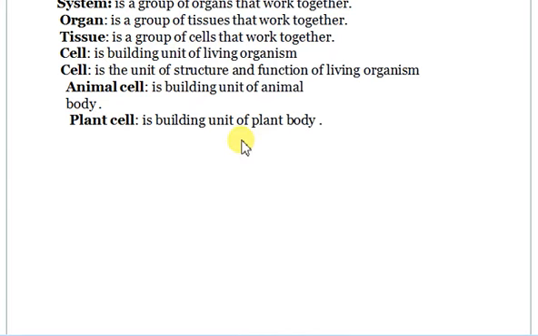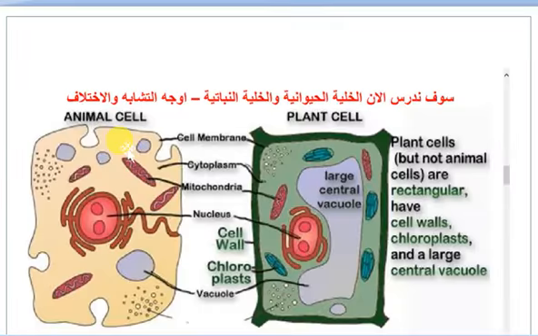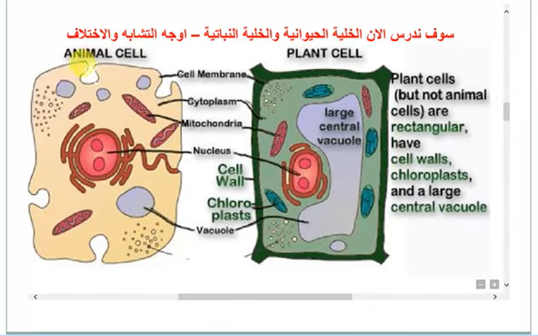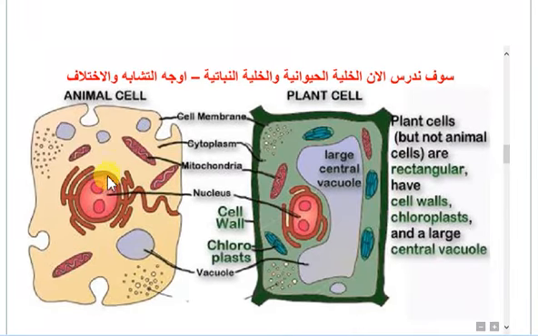Previously, we talked about the components or the structure of animal cell. Today, we will differentiate between the animal cell and plant cell. This shape is animal cell and plant cell.